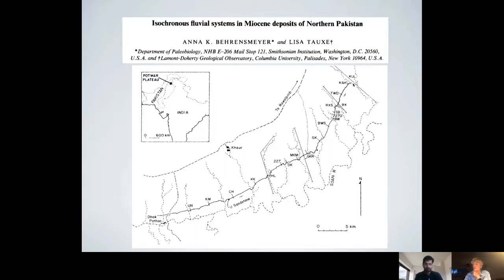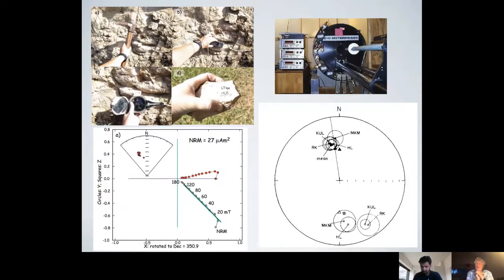How we took the samples was the method developed by the Dartmouth Columbia team, where you hack off weathered material to get fresh in situ material, and then shave off a flat surface, mark the strike and dip on the surface, so it's oriented in space, and then measure it in a magnetometer, not like this, but this is the one that I have now at the Scripps Institution of Oceanography, where you measure the three vectors of the magnetization relative to an oriented arrow, and then you can get the direction relative to north to see whether it was pointing north or pointing south.